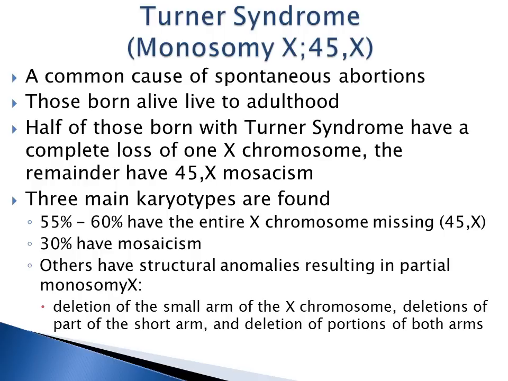About 55 to 60% of individuals with Turner syndrome have the entire X chromosome missing, so they're 45,X. 30% are mosaics, and the remainder have structural anomalies resulting in partial monosomy, where you can get a deletion of the short arm of the X chromosome, or deletions of both the short and the long arms.